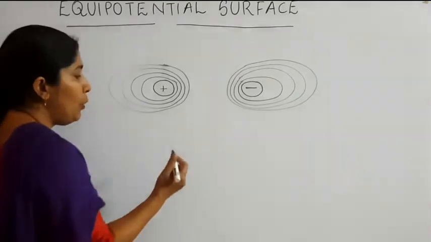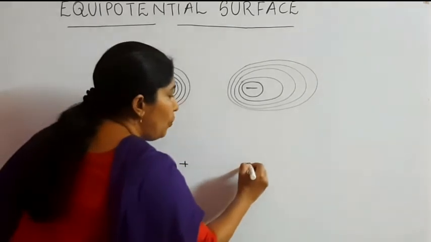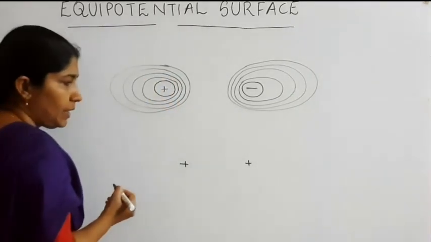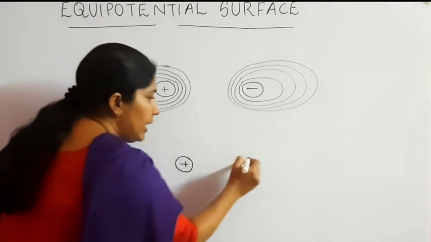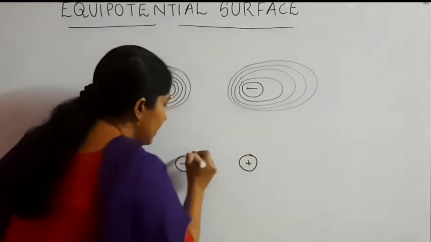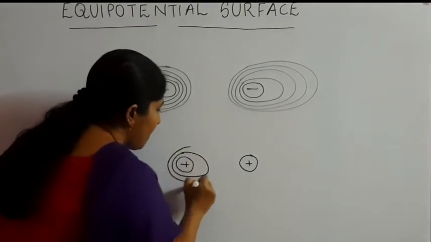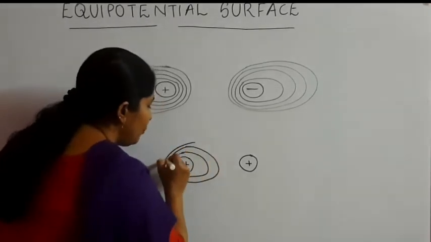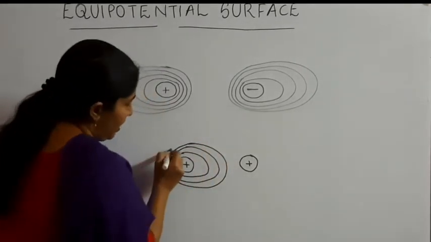Then what about the equipotential surface between two positive charges? Between two positive charges, we can draw the equipotential surface just like this, because of the force of repulsion.